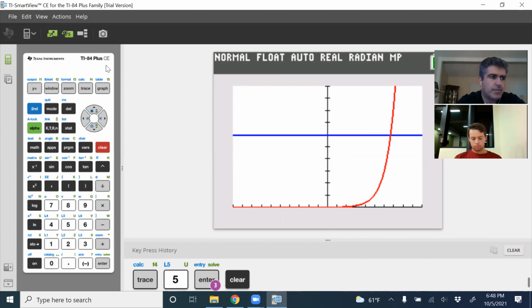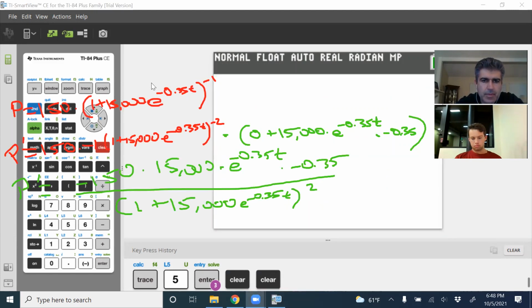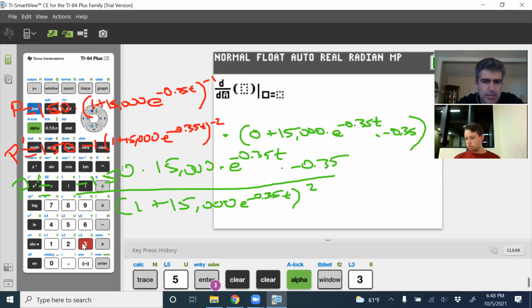Okay. So what I'm going to do is go alpha window, option 3, and deriv dx, and then type in that equation. Now what you could do is hit alpha y equals.